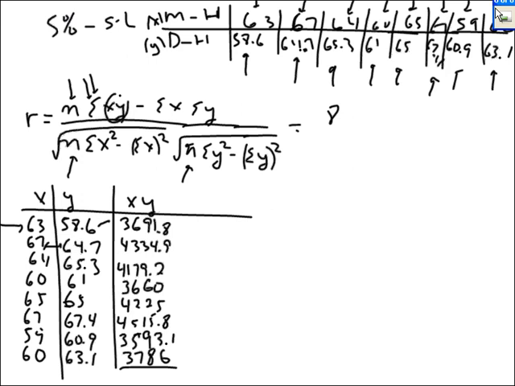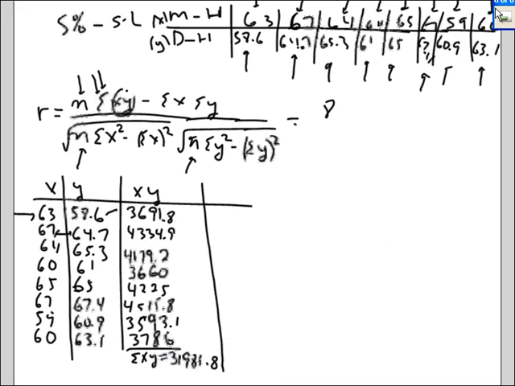So I add these up. The summation of xy, if I did my arithmetic right, is 31985.8. Okay, so I have that. N times the summation of xy, 985.8.